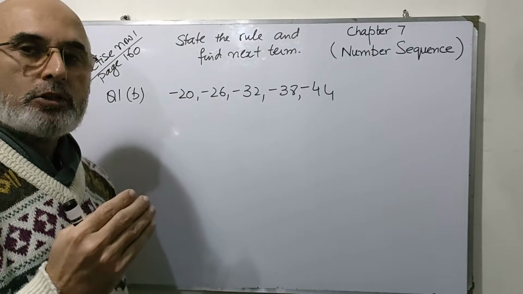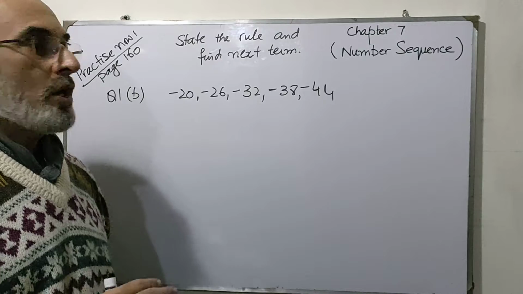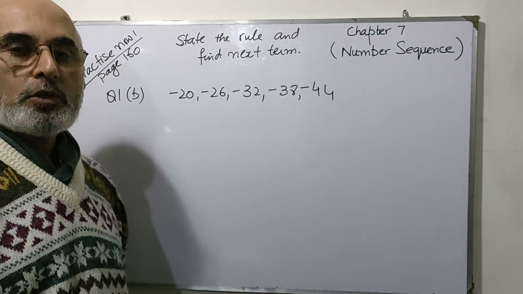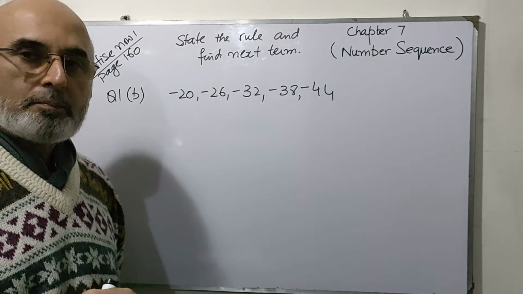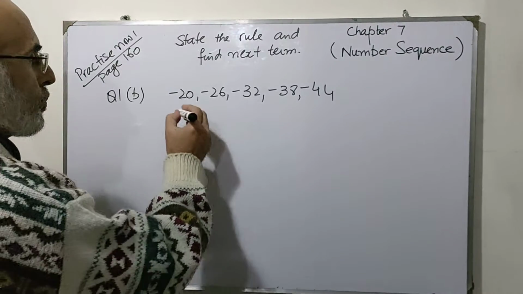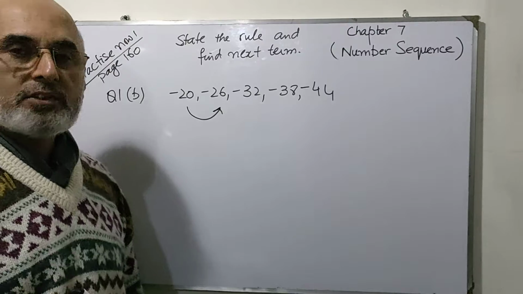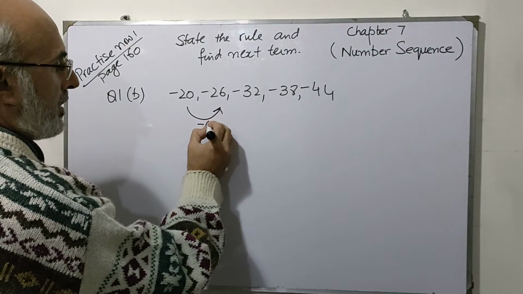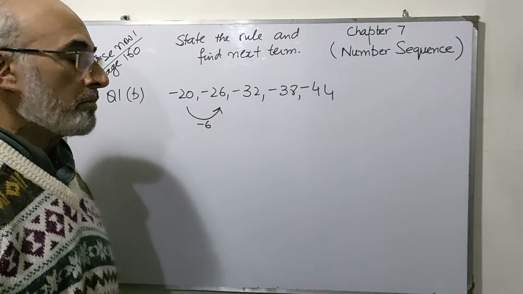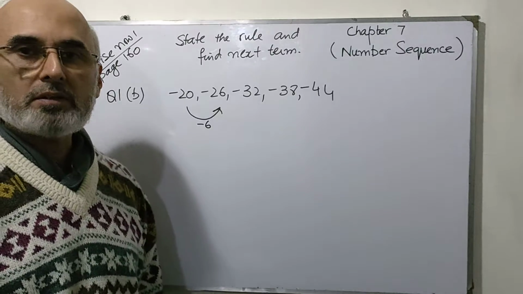Term 1 is -20 and term 2 is -26. Term 1 is a negative number, so we have to add something negative to it to make it -26. So what could that be? If we add -6 to -20, what are we going to get? -26. That is, -20 minus 6 is -26.